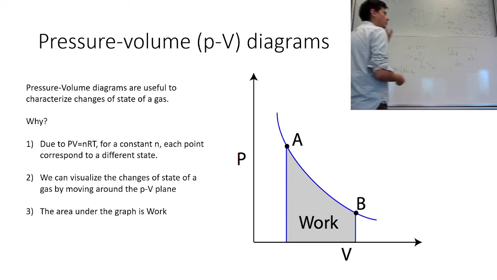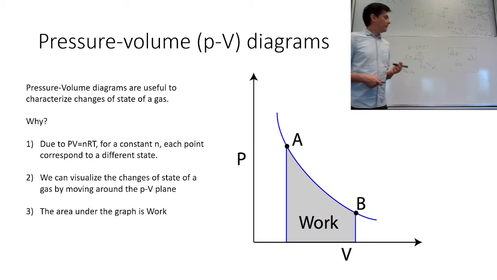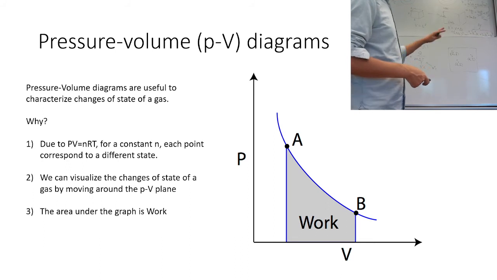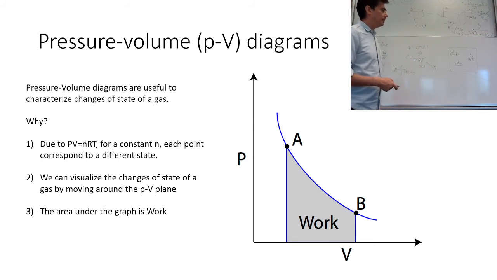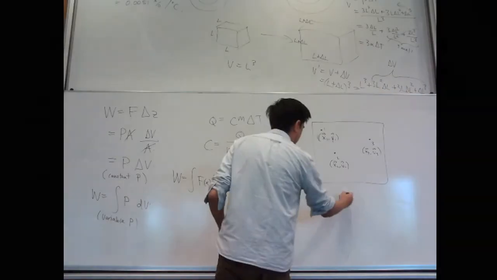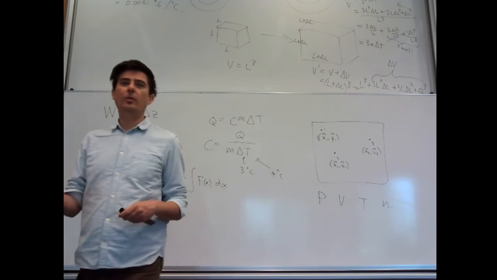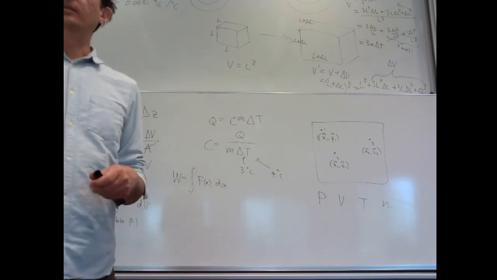Now, why plot these two variables in particular? These are very useful to summarize the states of the gas, because, just to go back a couple of slides, we were saying that the states of a gas can be characterized by four variables: pressure, volume, temperature, and the number of moles, right?